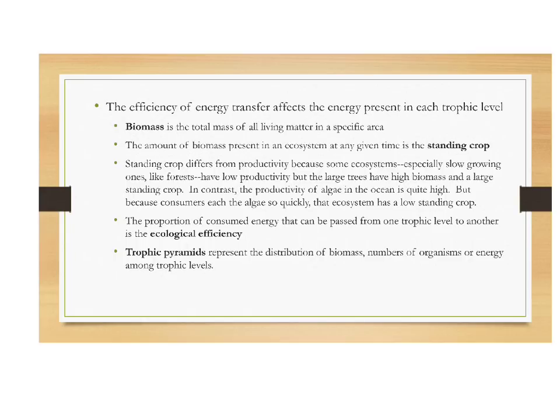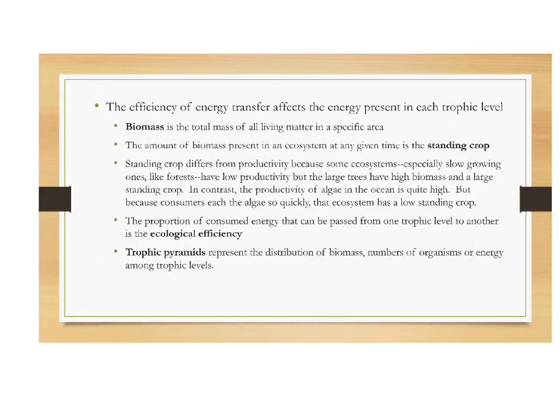Bio, living, mass, the mass of something. The amount of biomass present in an ecosystem at any given time is referred to as the standing crop. Now, this is a little confusing. Standing crop does not necessarily mean it's a crop, like an agricultural crop. It just means how much biomass is present at any given time.